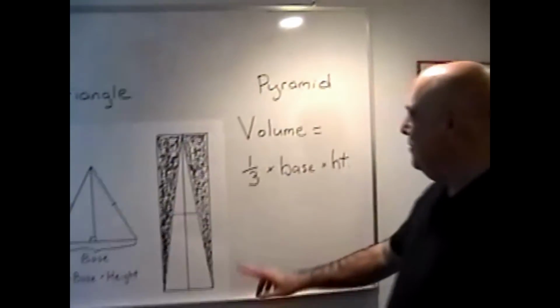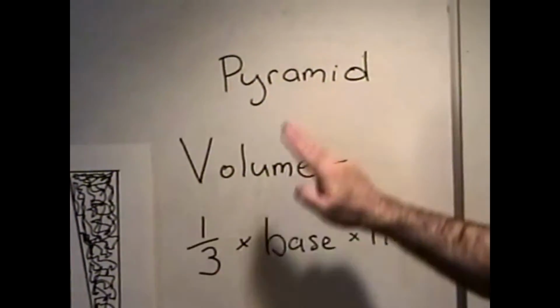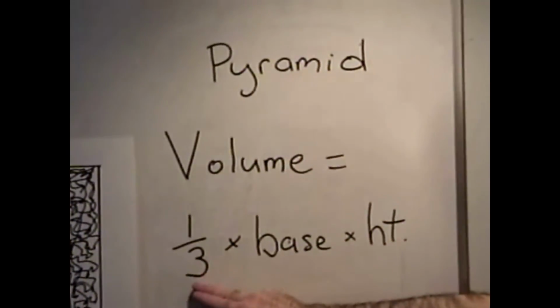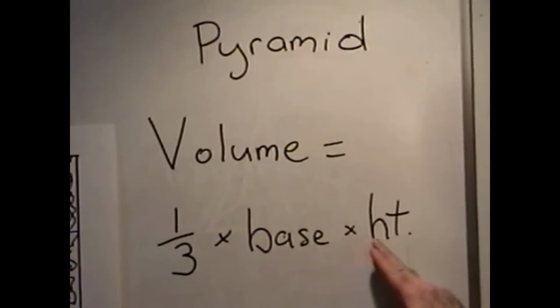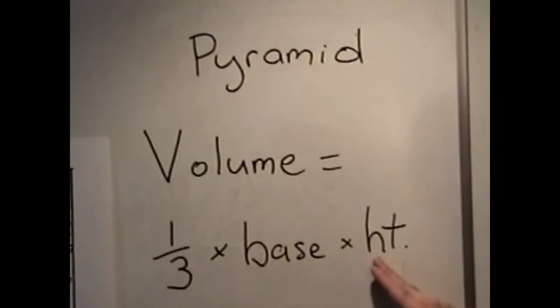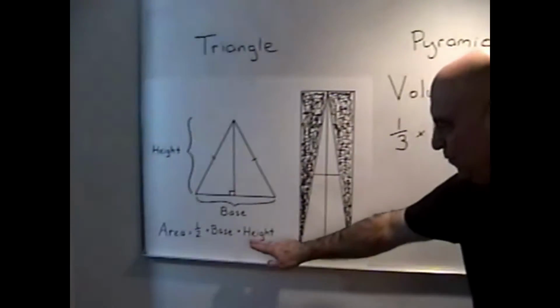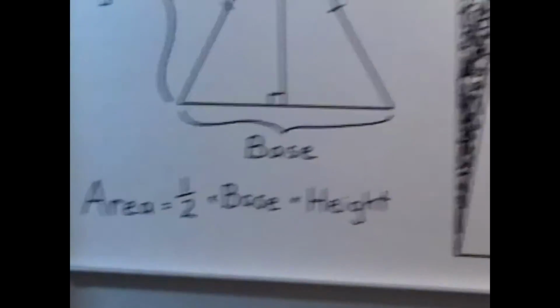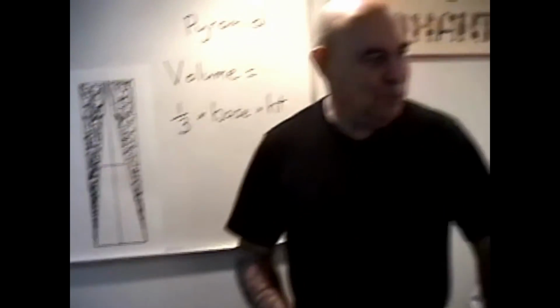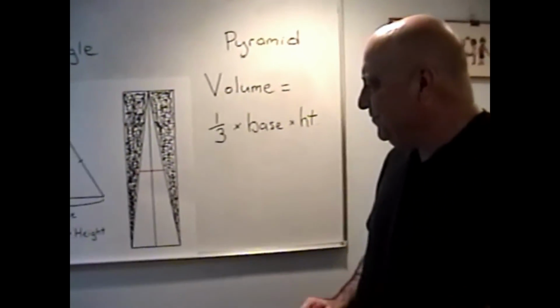Now, when we look in a textbook, we can see this formula. A pyramid has a volume equals 1/3 times the base times the height. Now that's very similar to the formula for the area of a triangle, but there's this one very noticeable difference.